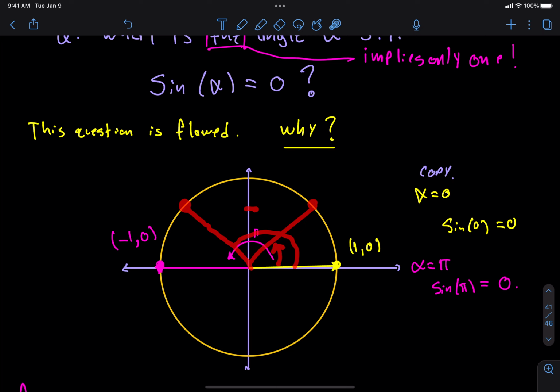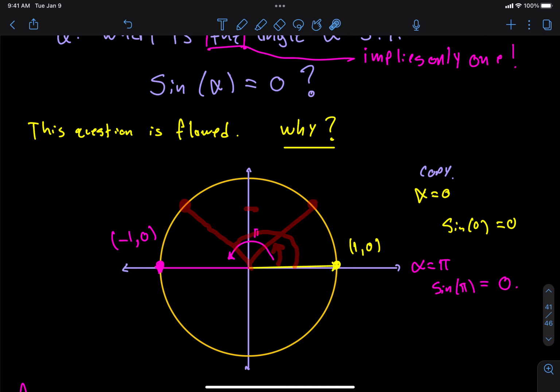And so if you ask the question, what angle is going to produce a point on the unit circle whose height is this height? You would rightfully come back to me and say, your question sucks. There's 2 of them. What do you mean the angle, right? Because if I say the angle, it implies there's only one, right? But here there are 2.